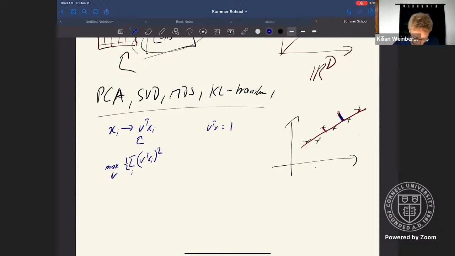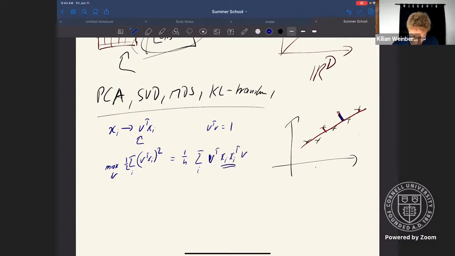And if you complete the square, then what you get is V transpose Xi Xi transpose V.